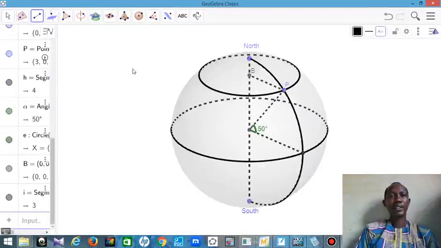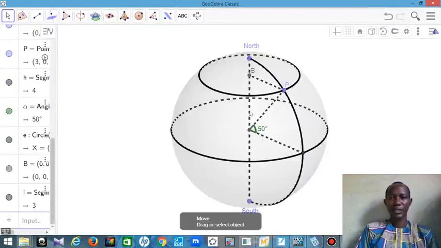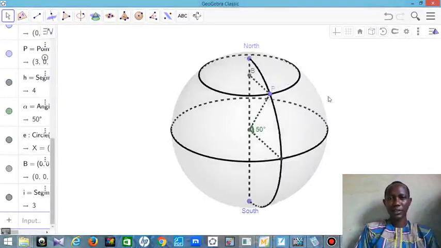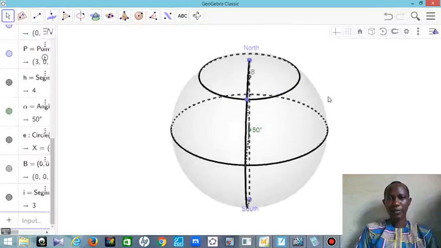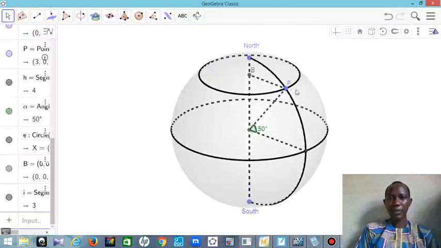You can see it. That is it. So this is point P. You can view it very well. Point P. This is the small radius. Then this is the big radius to the equator. Then this is another big radius to the longitude. Take note of that.